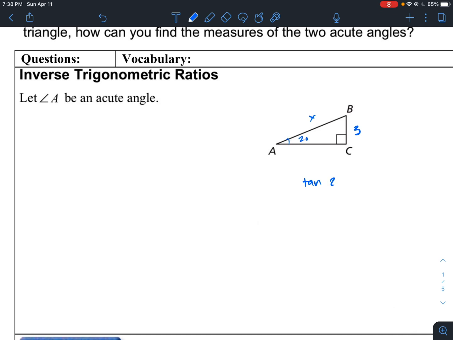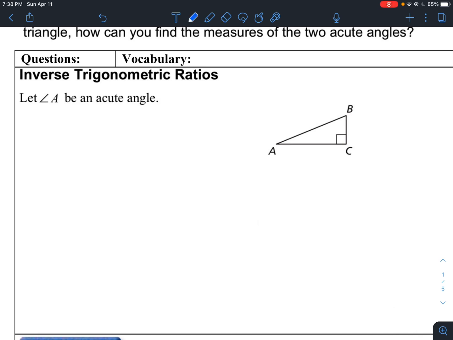So tangent of 20 is equal to 3 over x, and we could solve for that missing side length. So this is what we did. We found missing side lengths of a triangle.